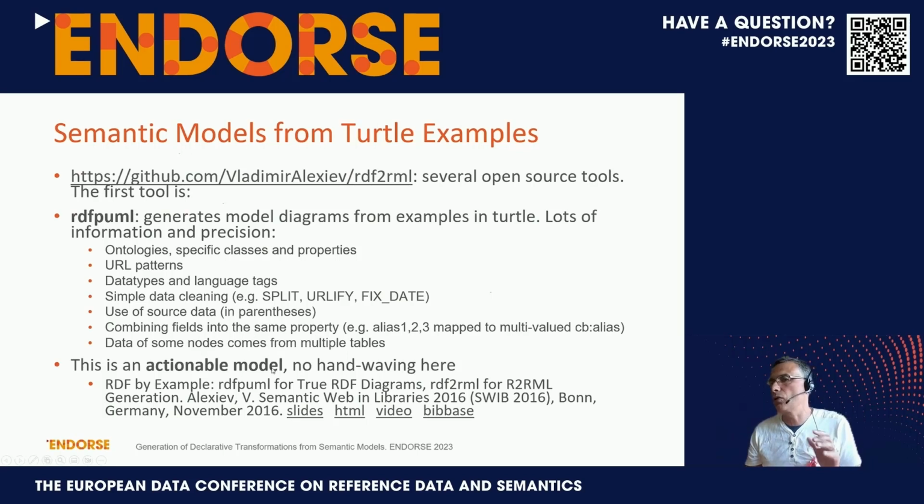So there's no hand waving. It's not just a conceptual diagram, but a very, very precise diagram. I started working on this 7 years ago, and it has been used daily in Ontotext by various groups, by maybe more than 50 people, and by some of our clients now.